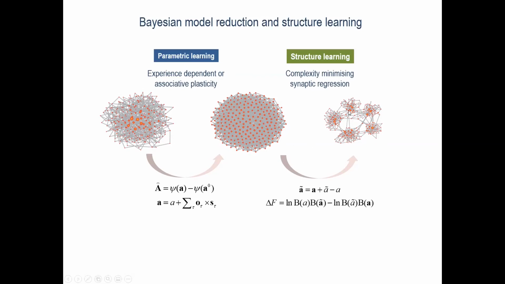So in the brain, that's known as synaptic regression. And many people think that that's the purpose of sleep. Indeed, your original formulations of a restricted Boltzmann machine and the sleep-wake algorithm, in a sense, use this kind of optimization at the level of the structure, or the reduction of the structure, or the form of the model itself.